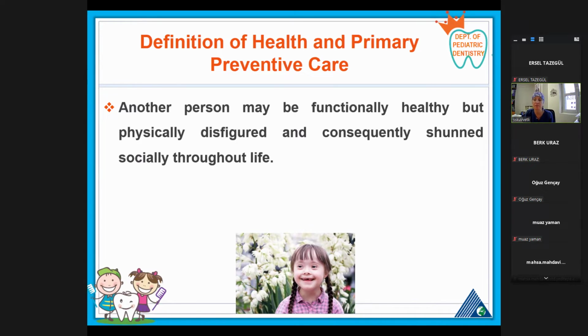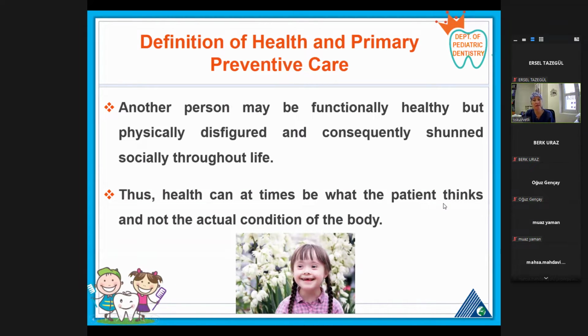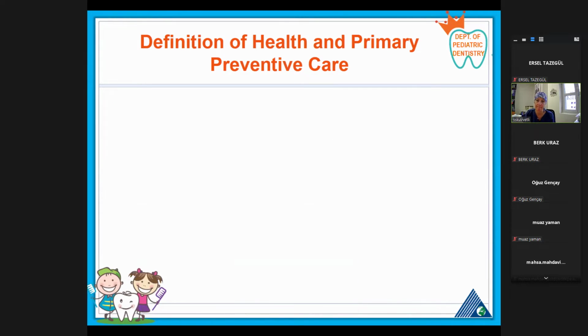So health is relatively changing from person to person and from some concepts. Thus, health can at times be what the patient thinks and not the actual condition of the body.